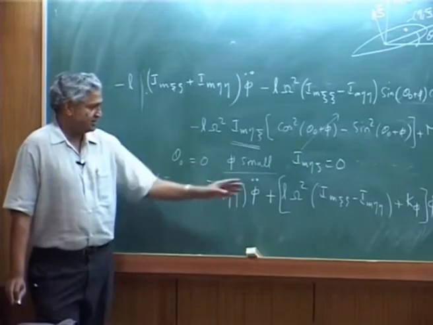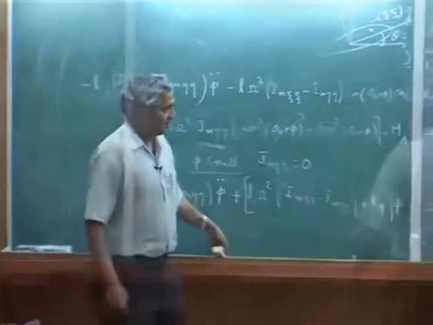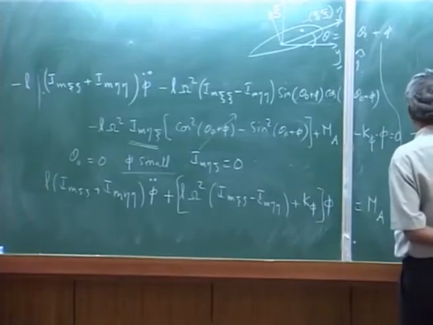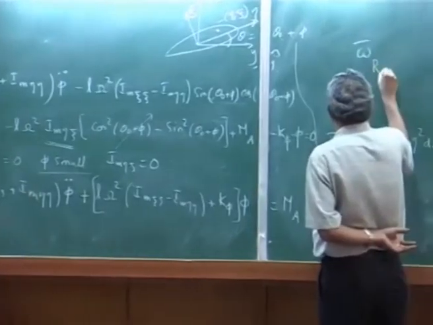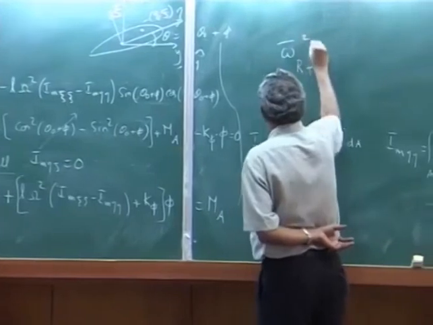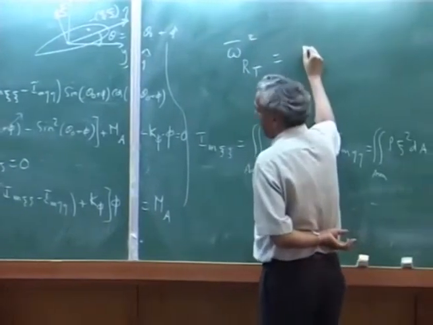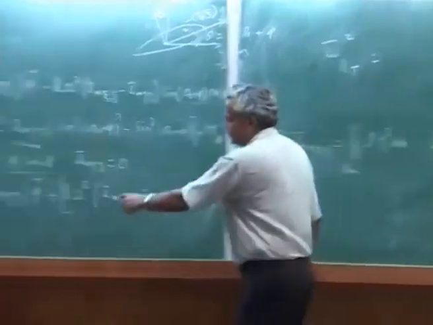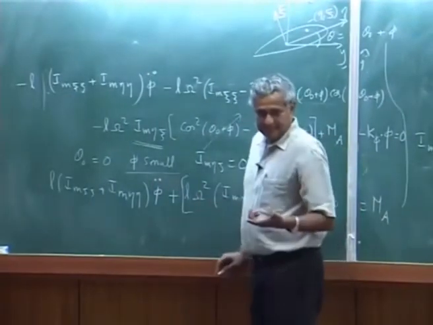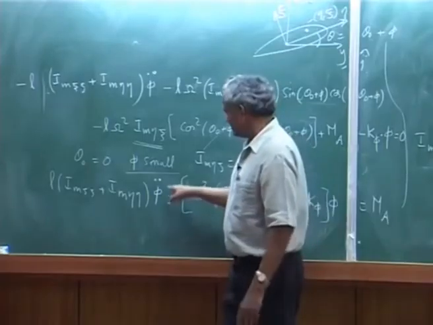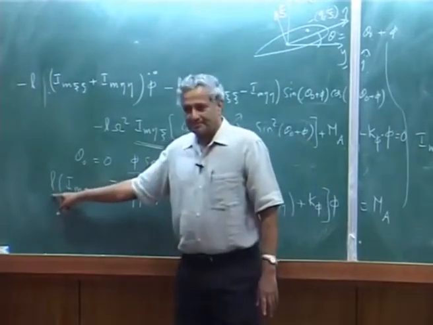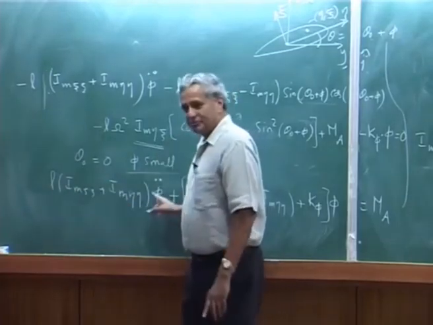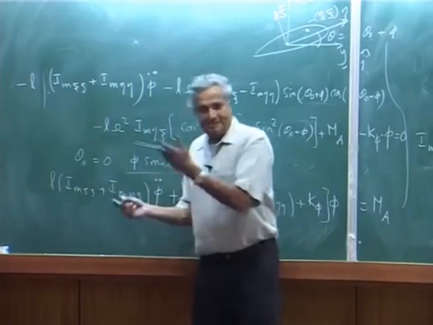Now, you know that this equation you can find out what is the natural frequency. The frequency of this will be omega bar rotating torsion square. If this is dimensional, non-dimensional you will get L omega square, because this will be second derivative. So, this is d by dt, so d omega will come.